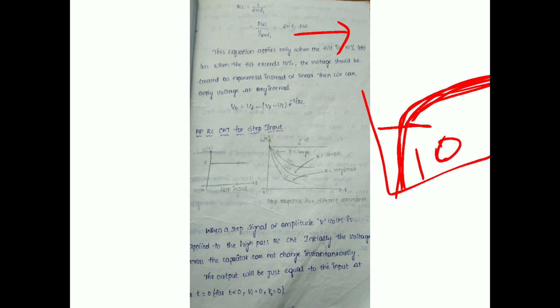Now we observe the response to a step signal. Here we have three conditions: T less than 0, T greater than 0, and T greater than 5 tau.